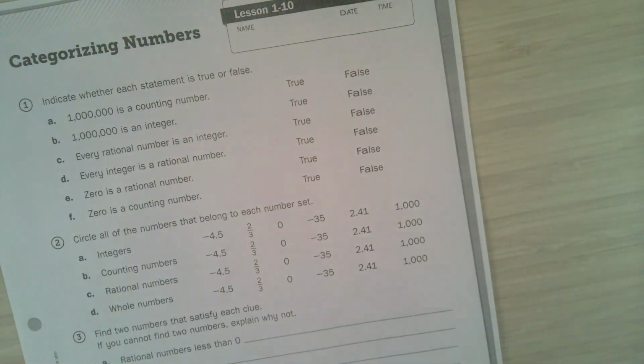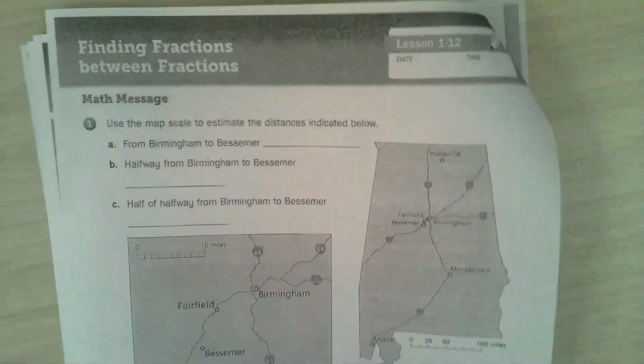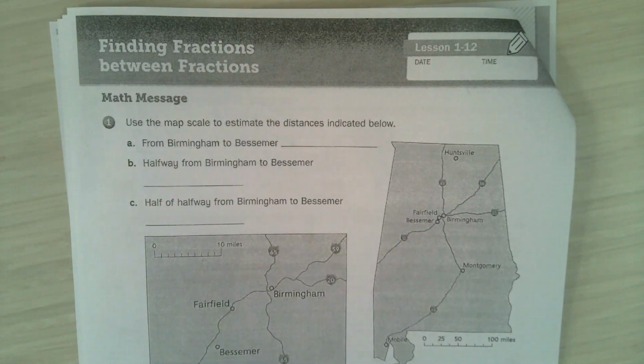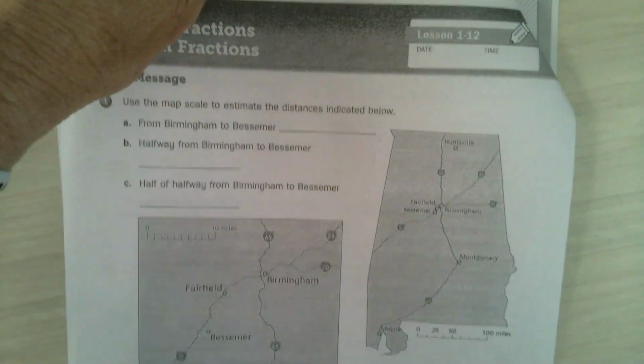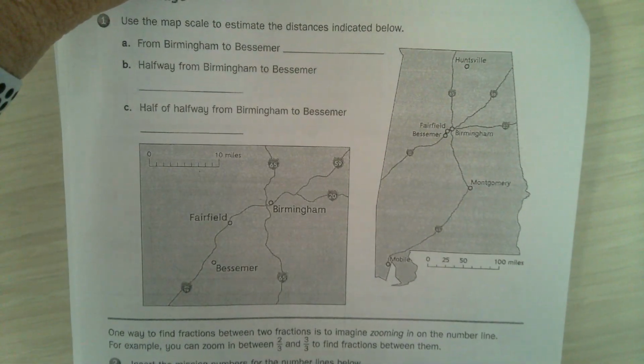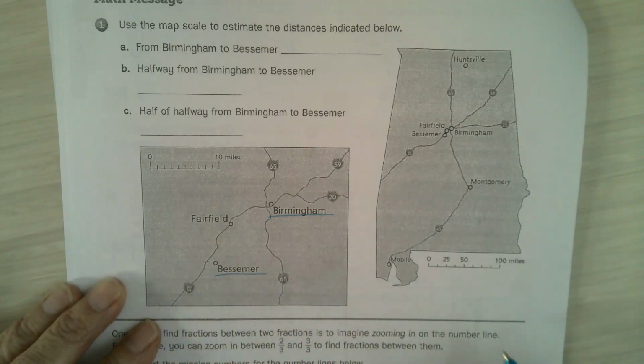That is going to be page 42. So let's go to page 42. Finding fractions between fractions is this lesson. We have here two maps, and both maps contain Birmingham and Bessemer.